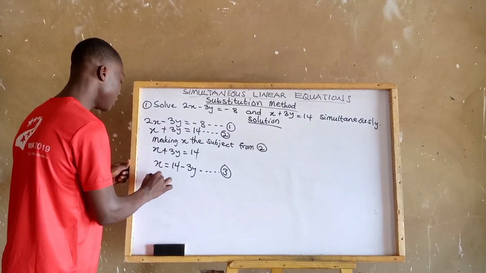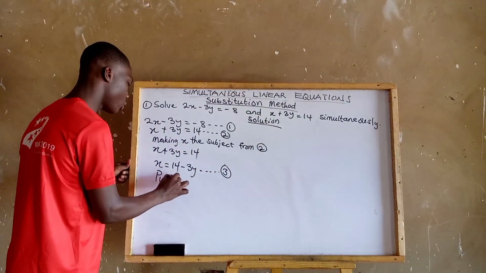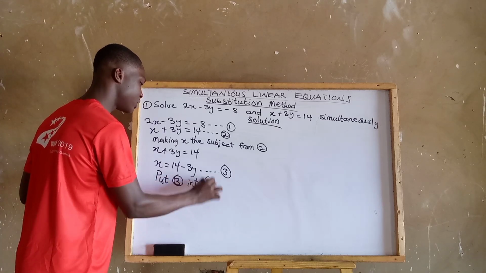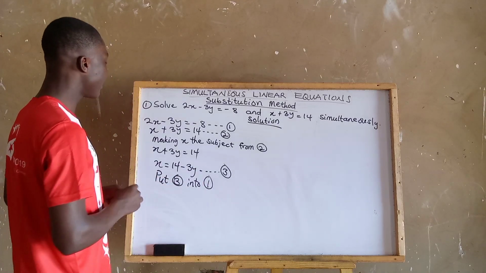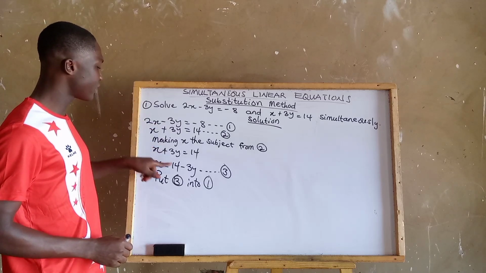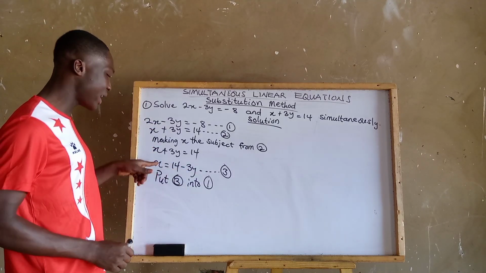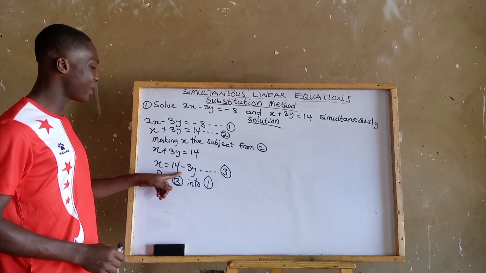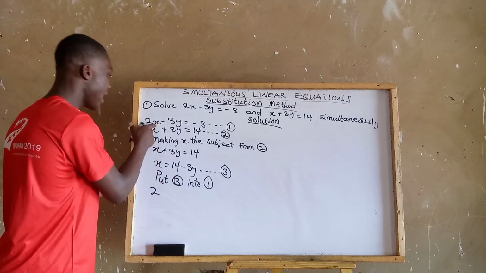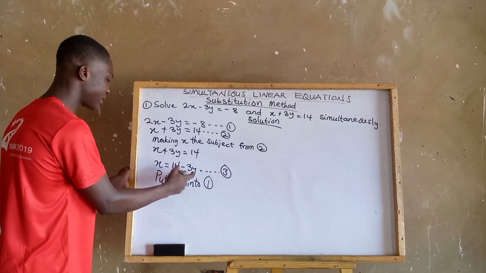Putting equation 3 into equation 1, it means that from equation 1, where we find x, we write 14 minus 3y, because x is equal to 14 minus 3y. So from equation 1, we have 2x, so x will be 14 minus 3y.